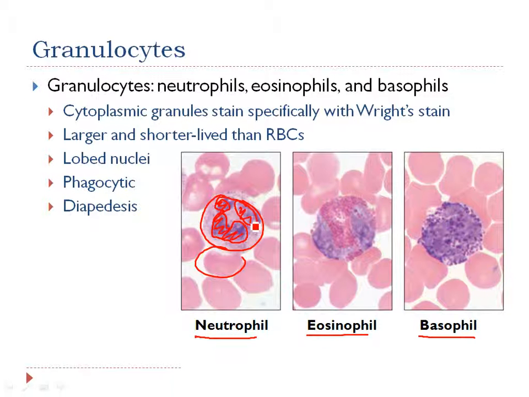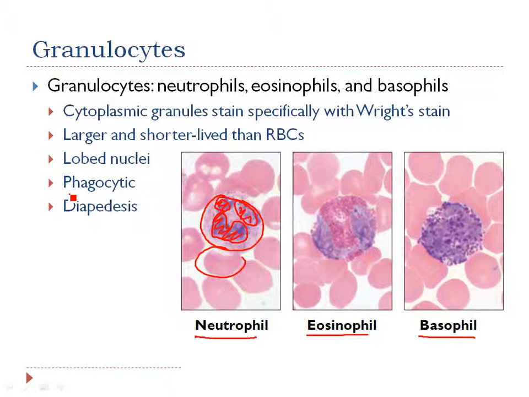It's one nucleus, but the nucleus can be lobed, which the best analogy I can think of for that is kind of like one of those balloon animals where you have a long balloon and you twist it and it divides up into different sections, or almost like a string of sausages. That's still one nucleus, but each little sausage or each little part of that balloon animal would be considered a lobe of the nucleus. That's a characteristic of these granulocytes. They have these kind of weird nuclei.